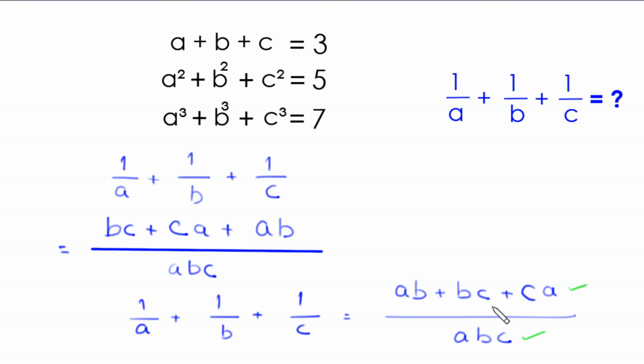To find the value of ab plus bc plus ca, we square both sides of the first equation, a plus b plus c equal to 3.